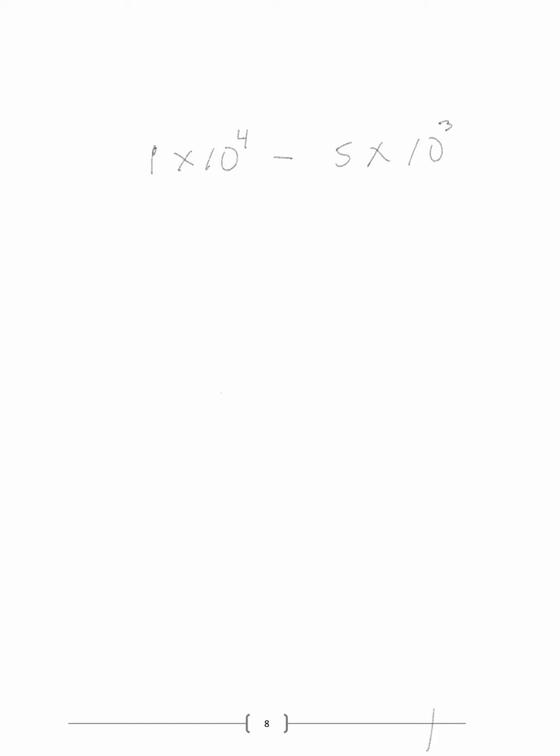Now, if you look, I have 4 and 3. I can't have the 3 and the 4 exponents different. So I'm going to make them both 4.